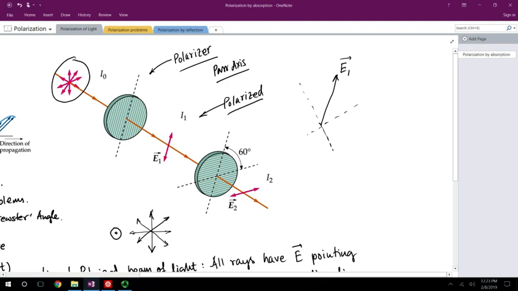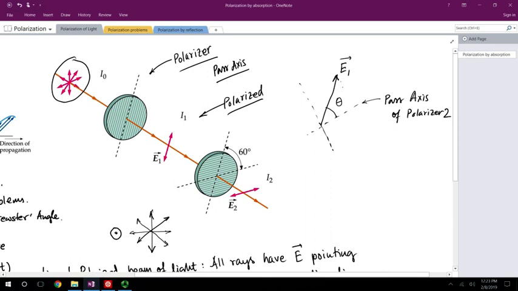This is the electric field over here in the middle. And let's say that this is the pass axis of polarizer 2. The angle between the pass axis of the first polarizer and the second polarizer is, say, 60 degrees. We'll call it an angle theta.